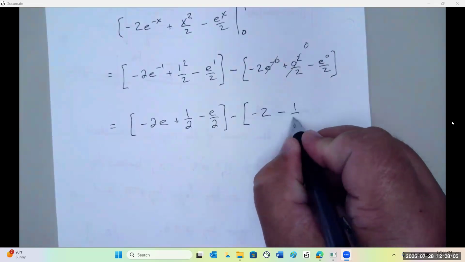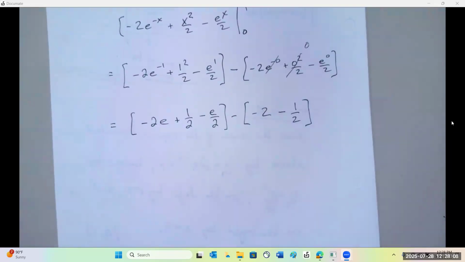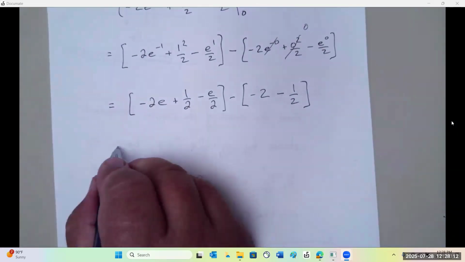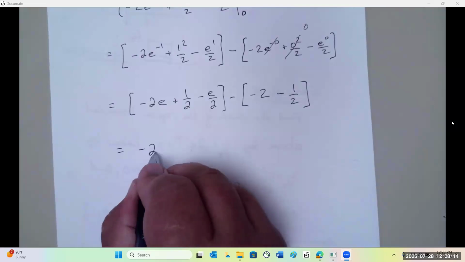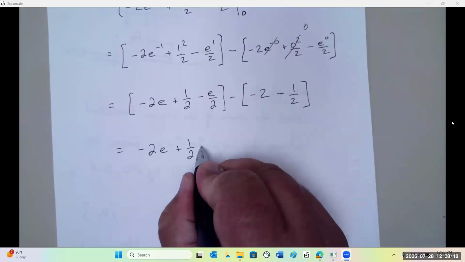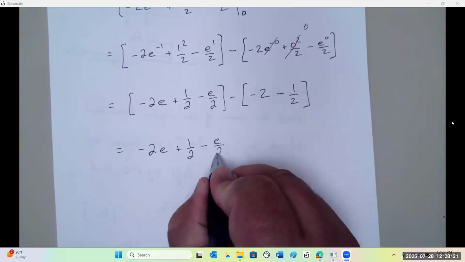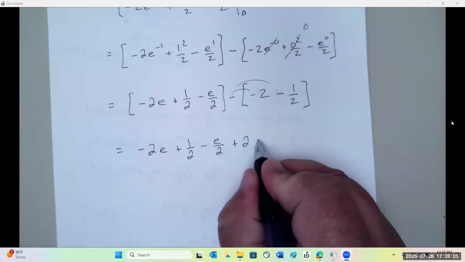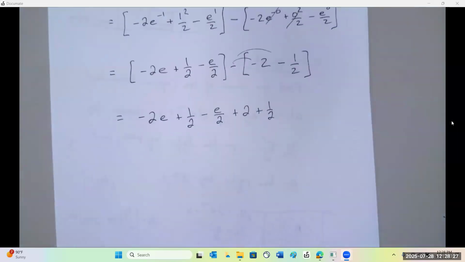This becomes minus 1/2. Is negative 2e plus 1/2 minus e over 2. Distribute the negative, so it's plus 2 plus 1/2.